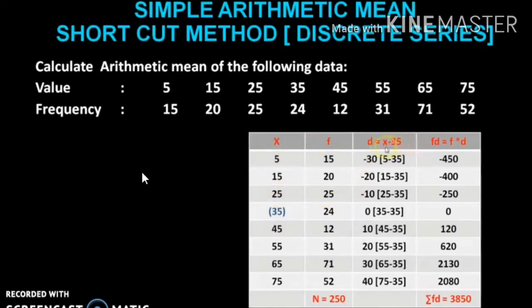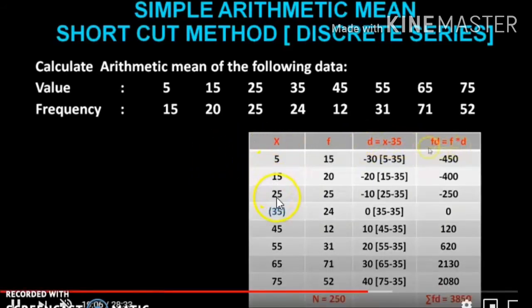So next is the fd column. If these intervals are the same, you can see that the assumed mean selected here is 0, and above it will be minus 10, minus 20, minus 30, and below the values will be 10, 20, 30, 40. So it will always be the same. Then you have to find the next column, multiplying minus 30 and 15.